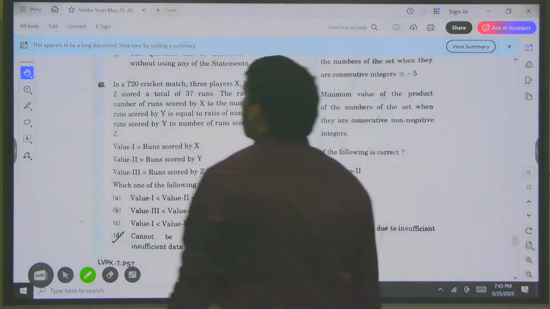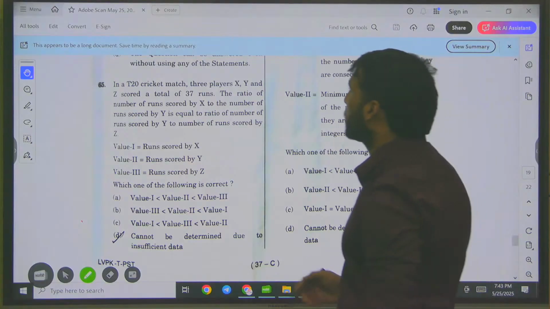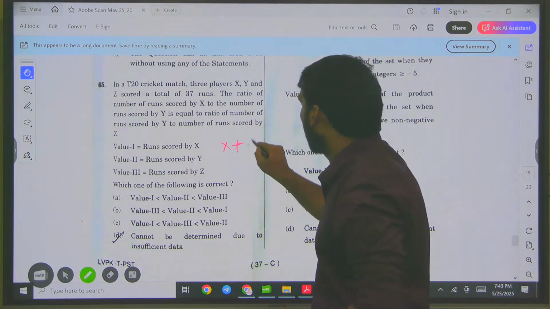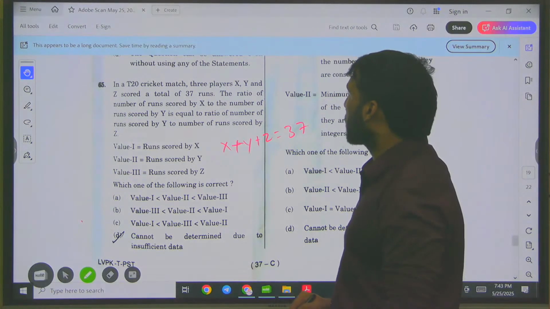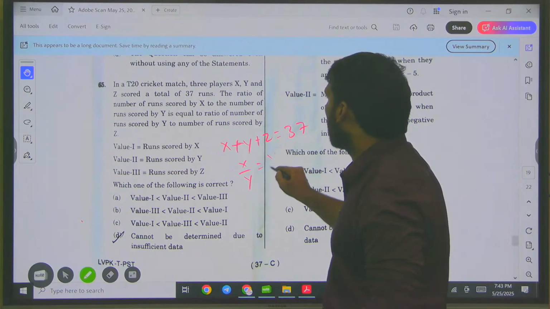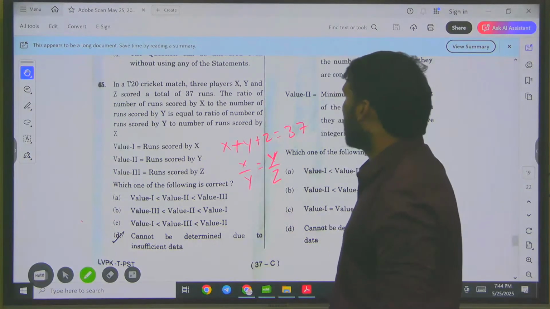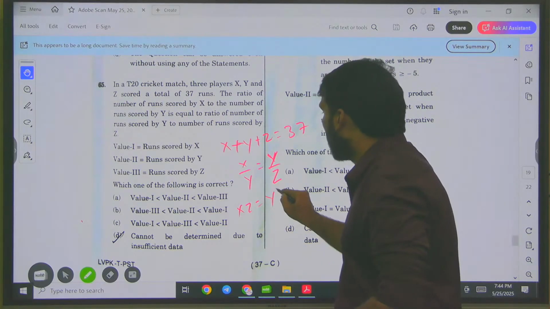Next question. In a T20 cricket match, 3 players X, Y, Z scored a total of 37 runs. The ratio of runs scored by X to Y is equal to Y to Z. So see here, XZ is equal to Y square.